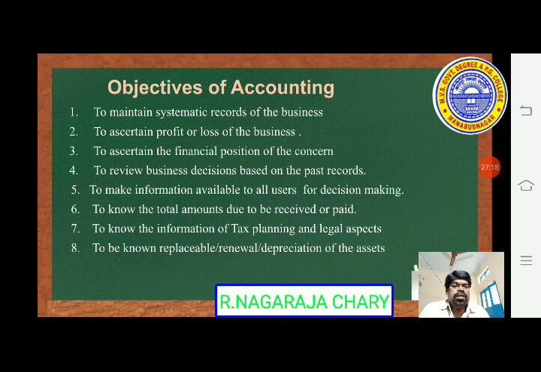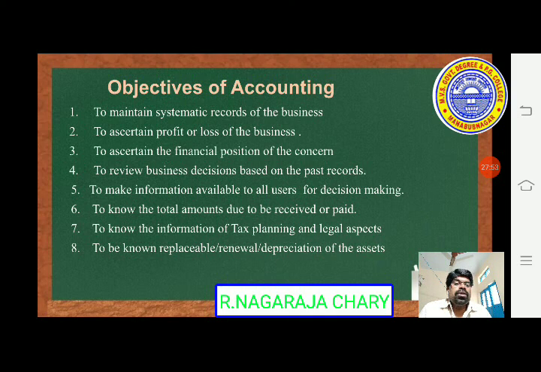Next, to ascertain profit or loss of the business. What is profit, what is loss, we have to know, because there are different users: a decision maker, an investor, top level management, an employee, the government. Whoever it is, the main objective of business is to earn a profit, so we have to know the profit or loss at a certain period.